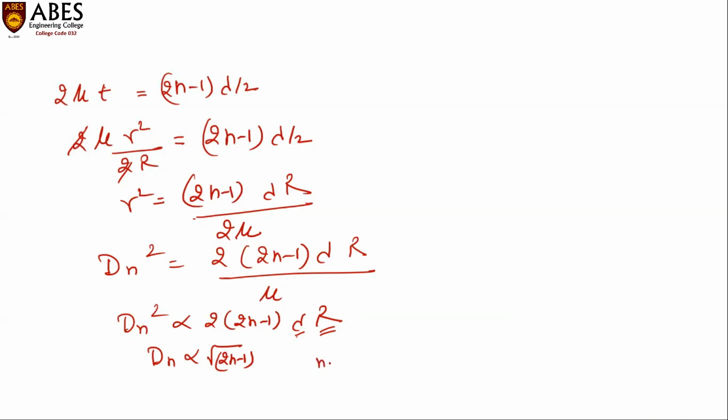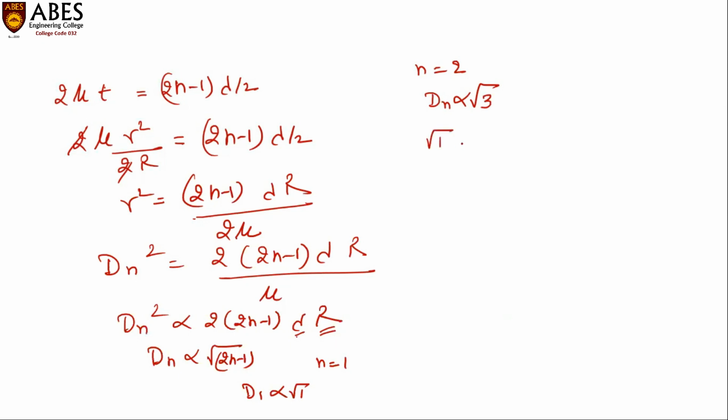Here if we put n equal to 1, we can say D1 is proportional to root 1. If n is equal to 2, then D2 is proportional to root 3.